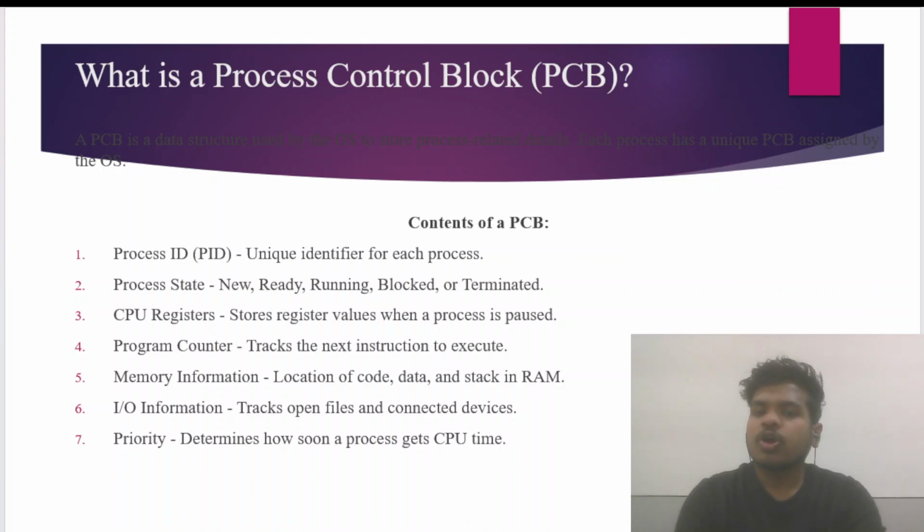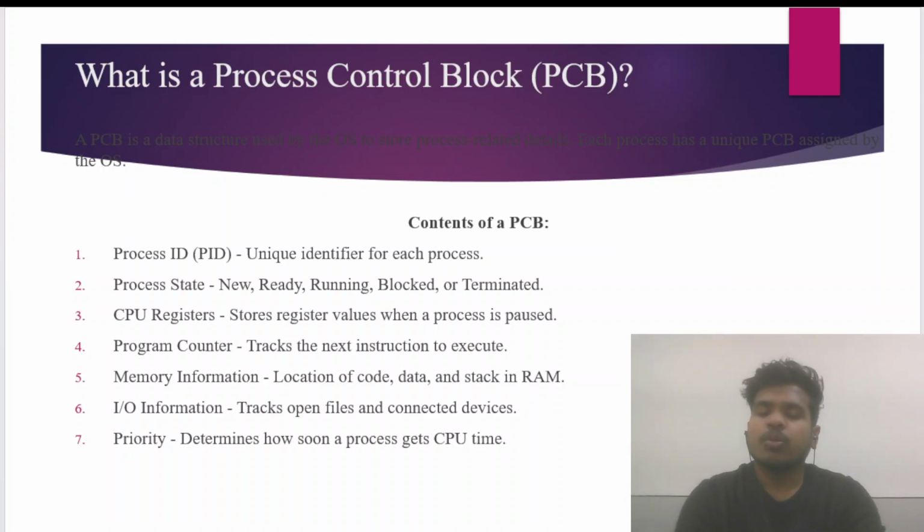We have learned about all the five states in the previous lecture, that is new, ready, running, blocked, or terminated. After that, we have CPU registers. They store the values of the CPU registers when a process is paused. Then we have the program counter.